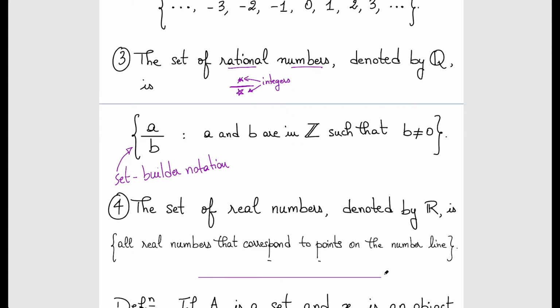Any point on the number line, you name it, is an element in this boldface R set, in the set of all real numbers. For example, square root of 2 is there. I don't know, negative pi is there, and so on.